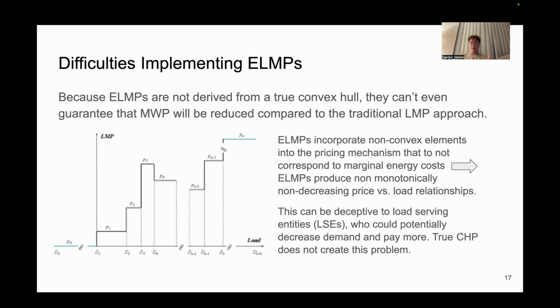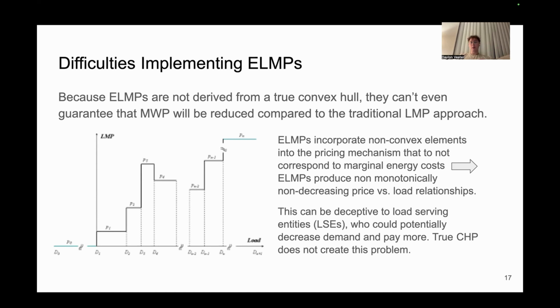There are other difficulties with implementing ELMPs, one of which, as you can see in this graph, is that once an ELMP is implemented, you no longer have the guarantee of a monotonically non-decreasing price supply curve against total load. With a traditional LMP, generators submit cost bids that are monotonically non-decreasing, and as a result the LMPs themselves are also monotonically non-decreasing with an increase in load.